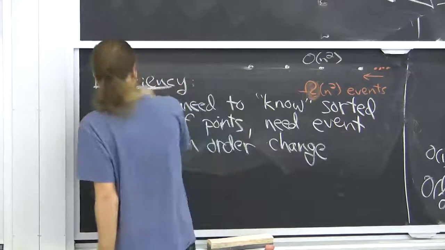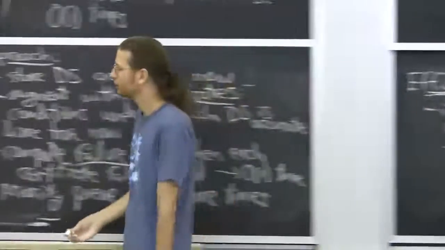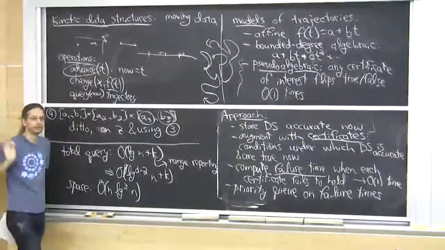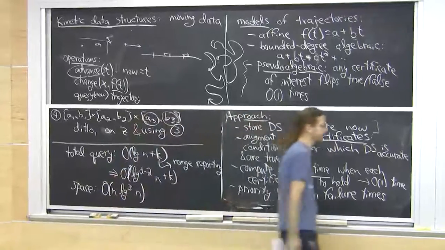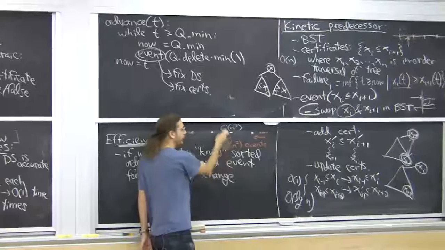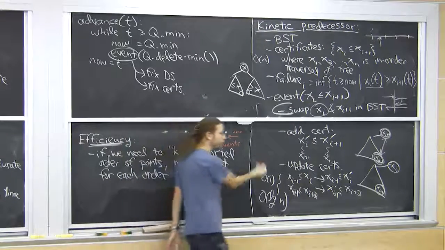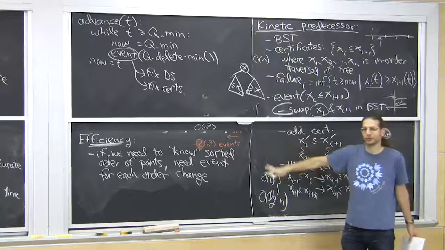So for efficiency, because it's really hard to analyze if points are changing their trajectories all the time, assume there's no changes. We basically just advance to infinity. How much could that possibly cost? That's how kinetic people like to analyze things. And for this problem, for maintaining sorted order at all times, the worst case answer is theta n squared. This data structure achieves theta n squared, so we consider it worst case optimal in this weird sense.